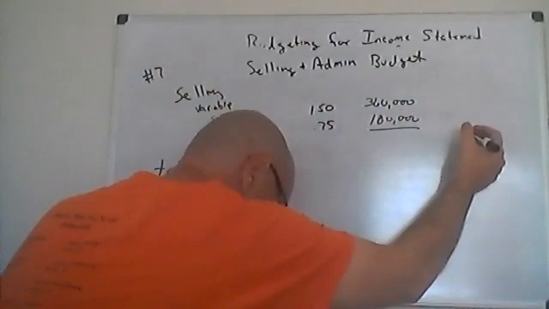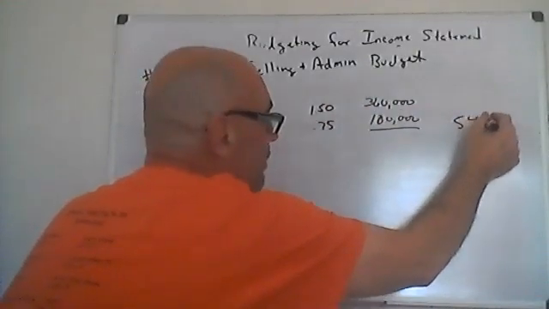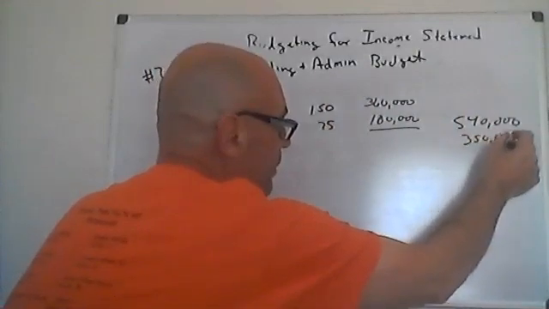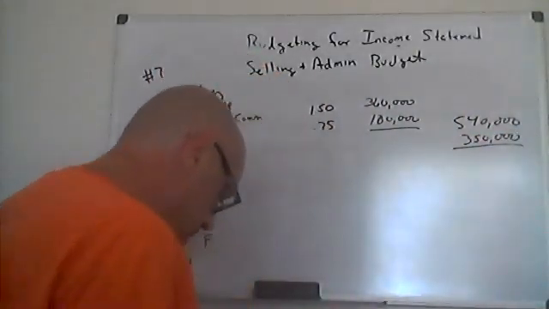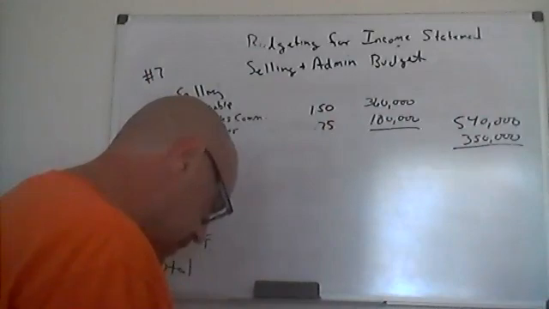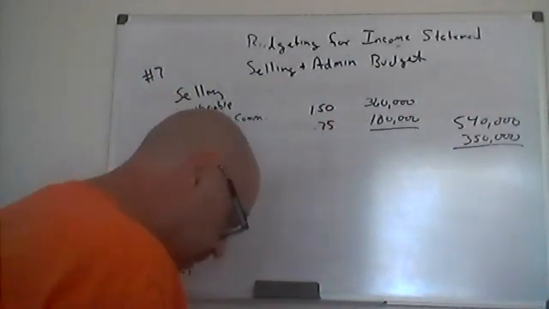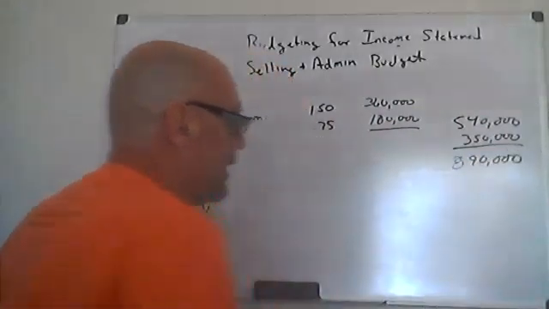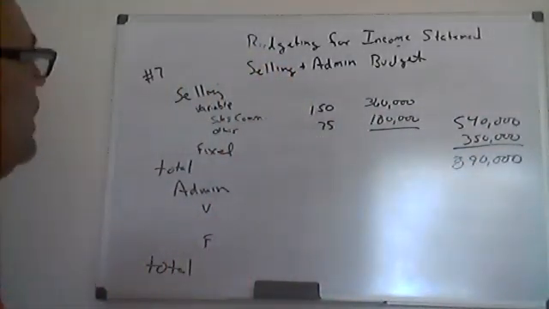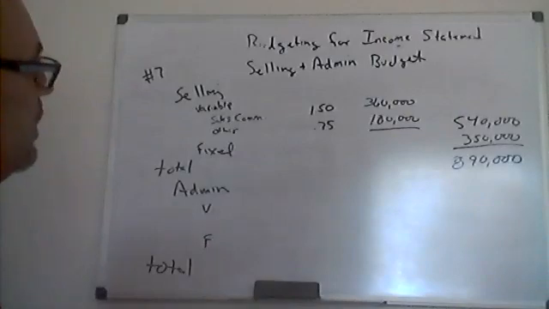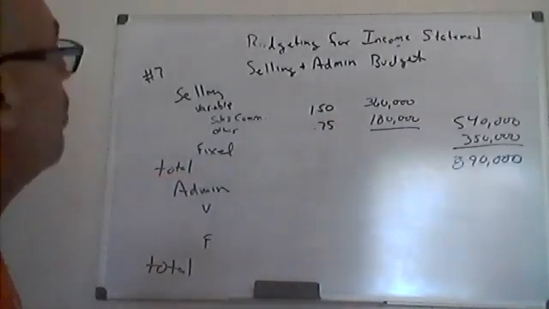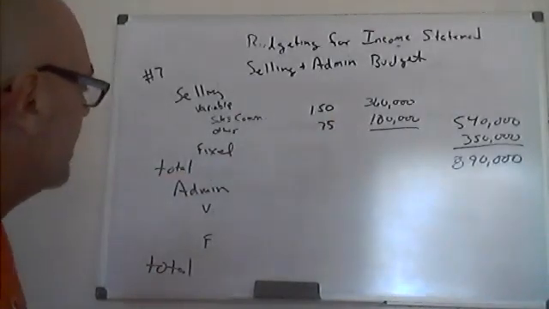Total variable cost of 540. Our fixed were 350, giving us a total selling cost for the period of $890,000. Okay. So I have the variable cost of each, multiplied it by how many units we sold. Okay, because those are the selling costs.